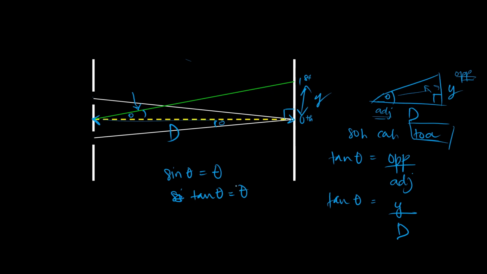You can use 0 to test this. Small numbers are relatively close to 0. So sine 0 is equal to 0, and similarly, tan 0 is equal to 0. So we can actually write tan theta as sine theta, and that's equal to Y over D. And we'll need this a bit later, so keep it in mind. So this is the first equation that we are going to pay attention to.